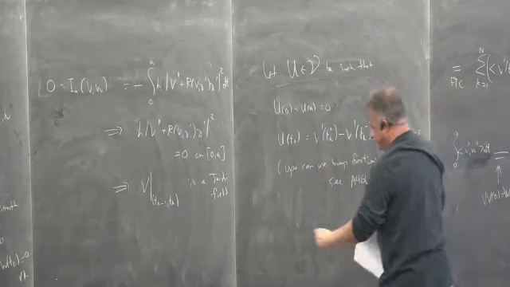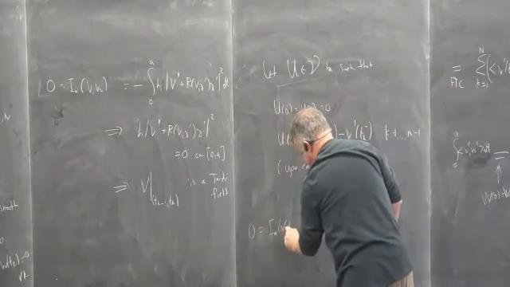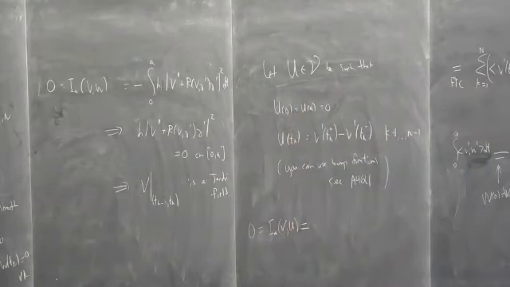And then what do we get? We get 0 is IA of VU. And now we know that this function is 0 except for a finite number of points. So that doesn't affect the integral. This integral will be 0.